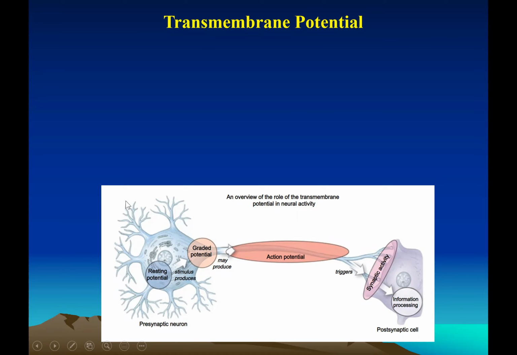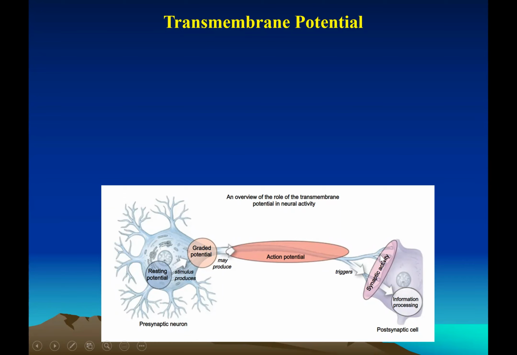But when it receives a stimulus through any of the dendritic branches, the resting potential is converted to a graded potential. Graded potential means a localized change in the membrane potential. If this is strong enough, it will fire an action potential down the axon. The action potential is an electric impulse that propagates down the axon in one direction.